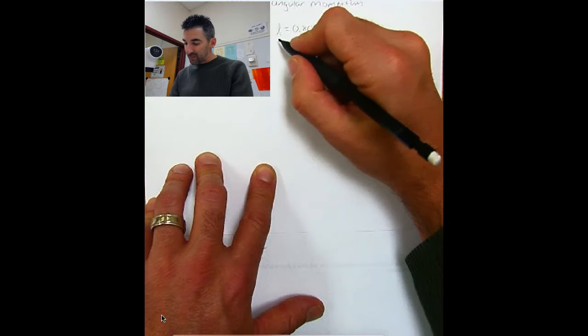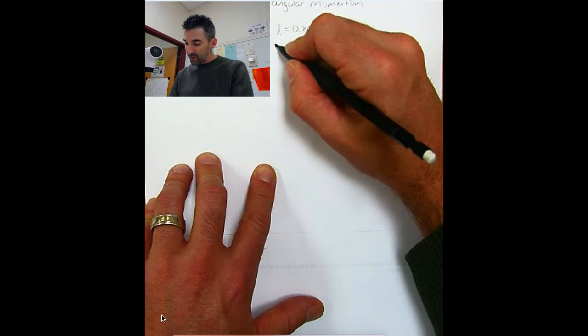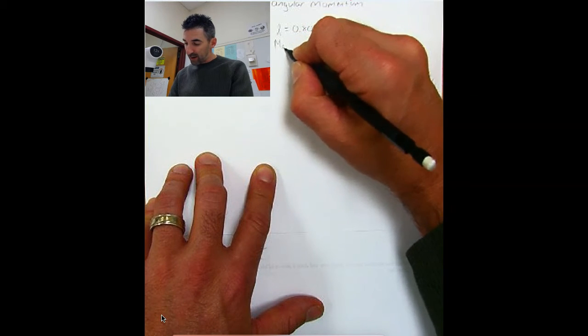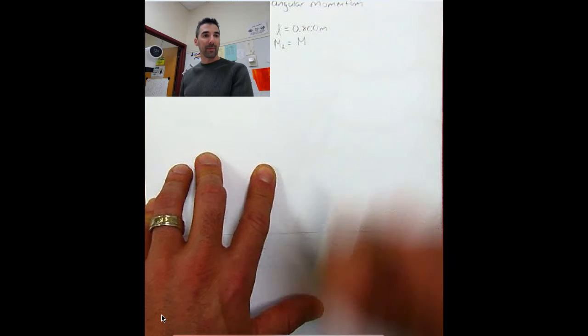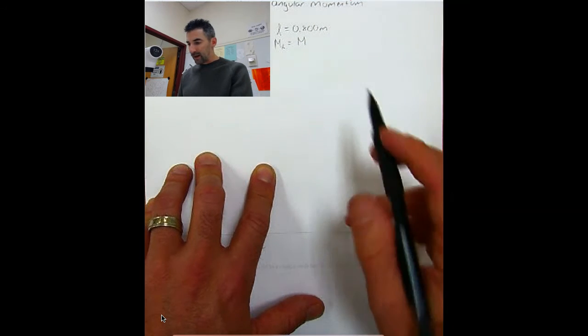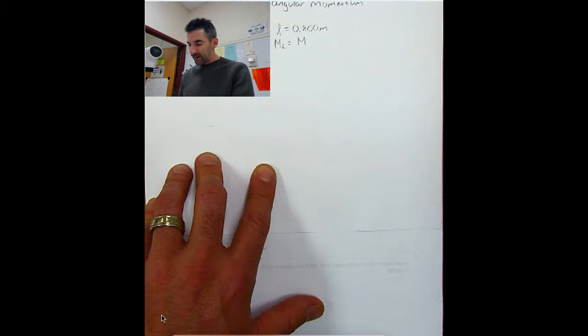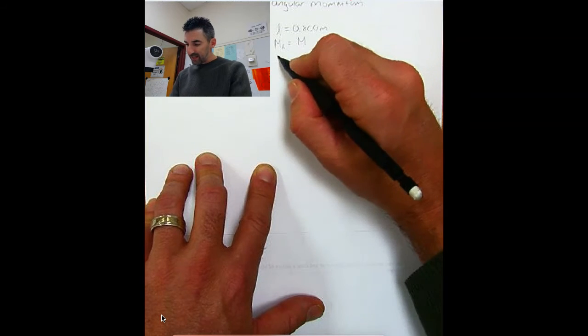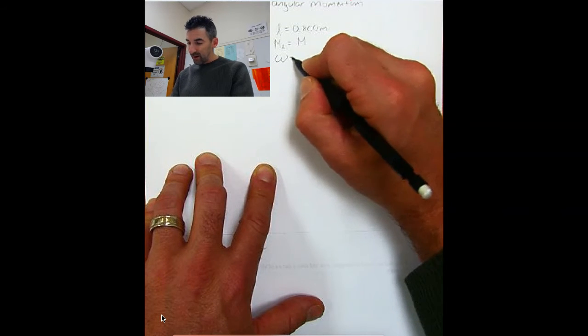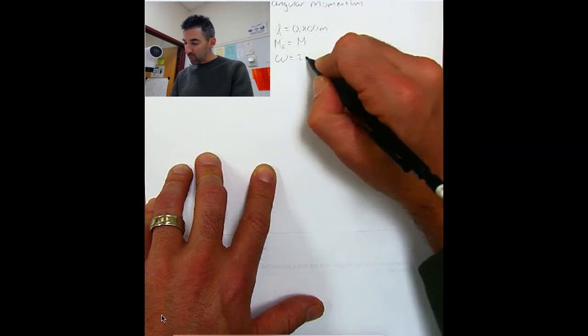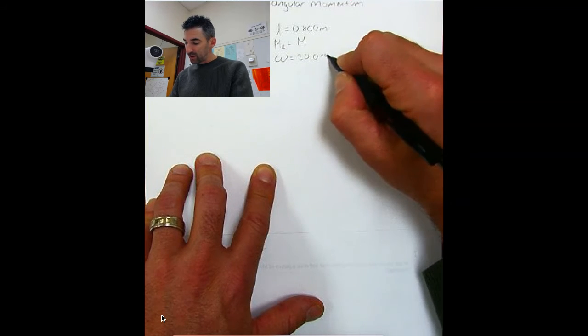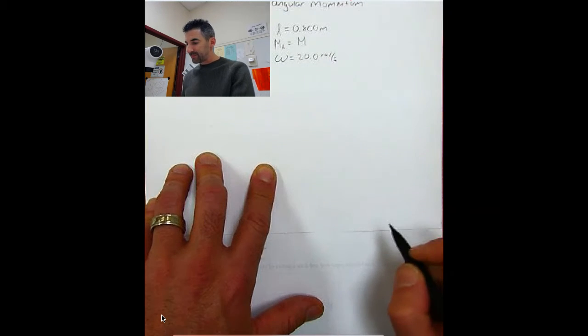I know the mass of the rod, which I'm just going to say is a capital M. I know the angular velocity, omega, of the rod was 20.0 rads per second.